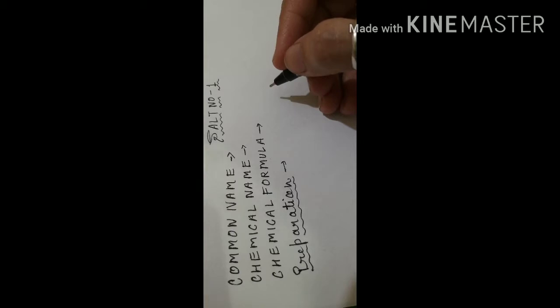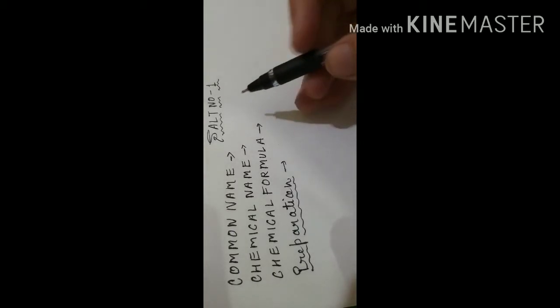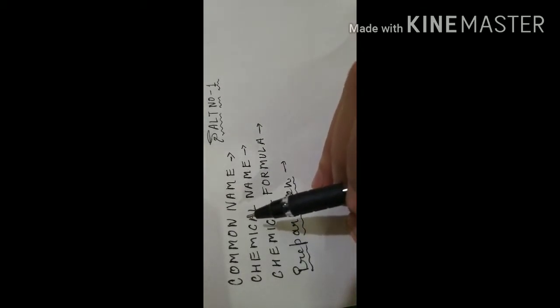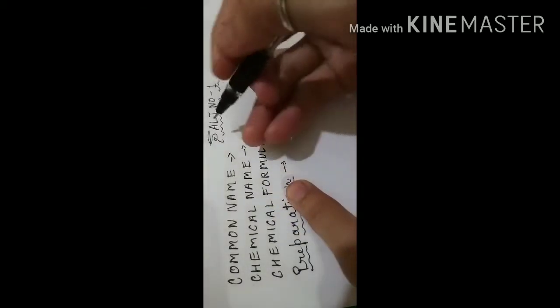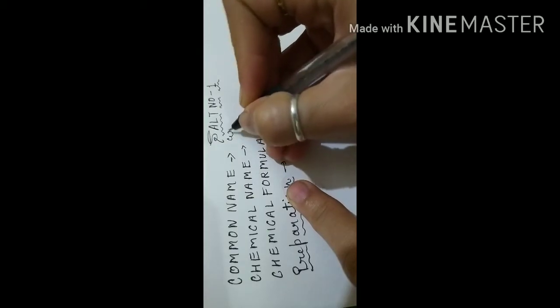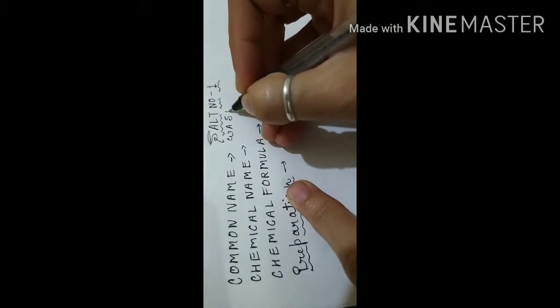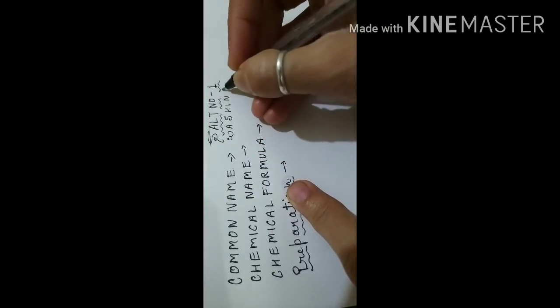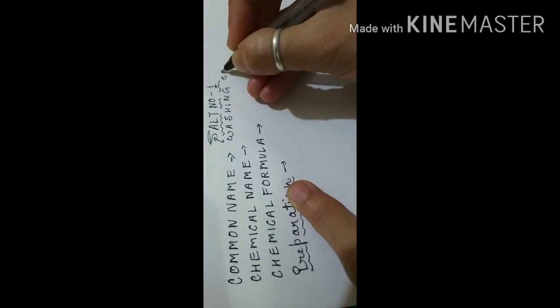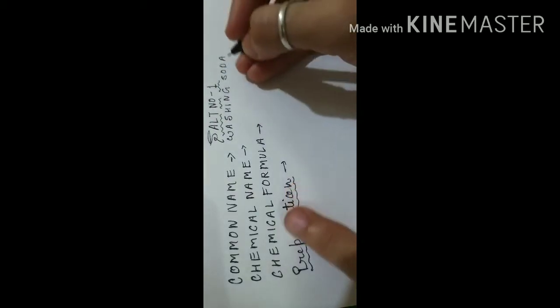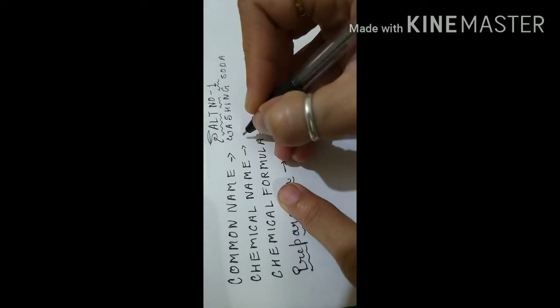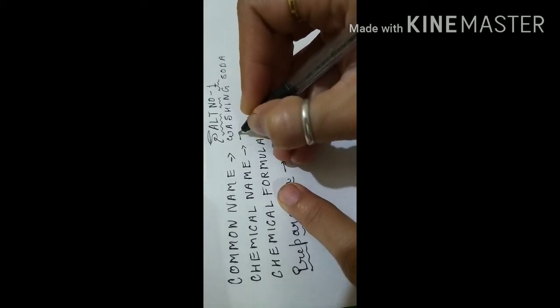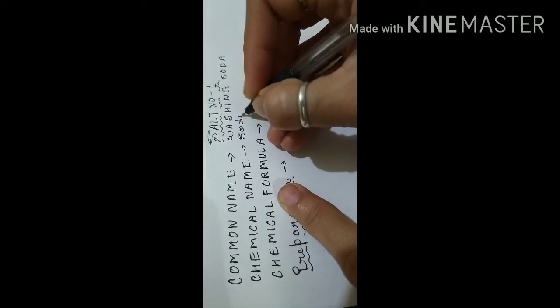In today's session we will study salt number 1. The common name of the salt we are going to study today is washing soda. Its chemical name is sodium carbonate decahydrate.